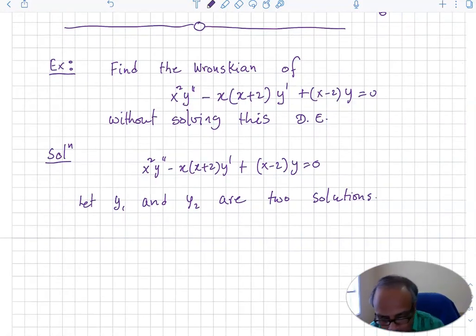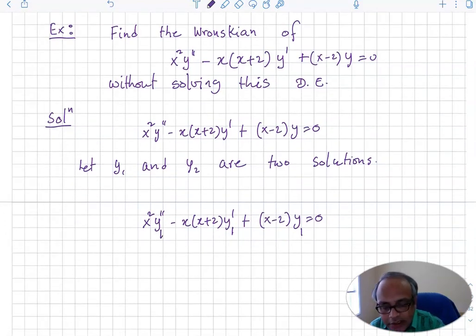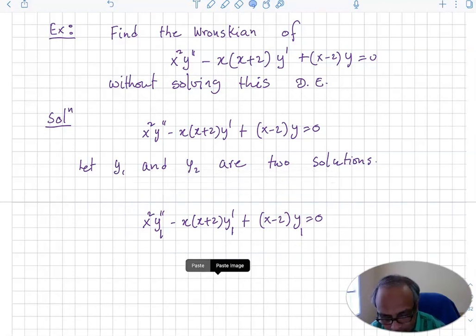So both solutions must satisfy the differential equation, so I can just copy it. Okay. So y1 satisfies the differential equation, then I get an equation for y1.